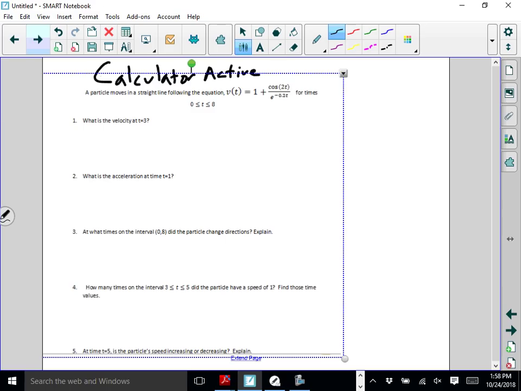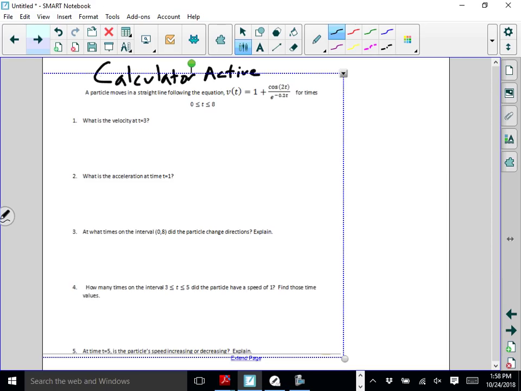So there's a question. Question 2 is about acceleration. Now, if we didn't have a calculator, we'd have to do the derivative of that velocity equation. But since it's a numerical derivative, I'm just going to let the calculator do the work on problem 2. Right? Your calculator is your friend here. Let's use it to its best potential.